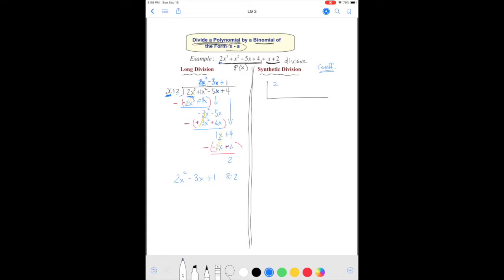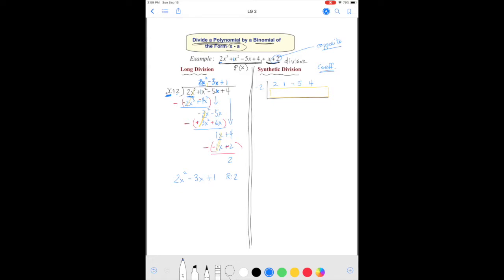Leave space right here. We have a 1, so plus 1, and we have a -5, and we have a 4. Then we take the opposite of the divisor. So the opposite of +2 is -2.